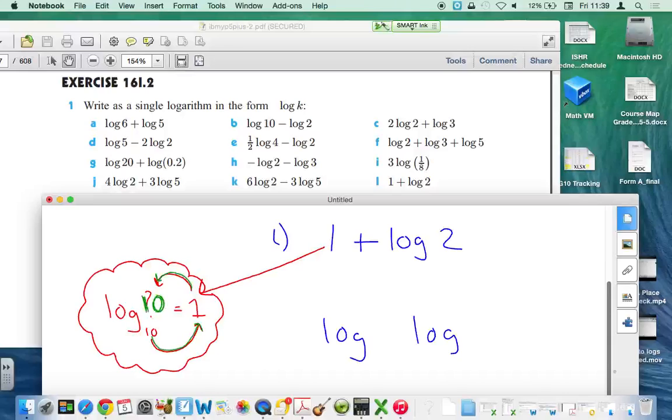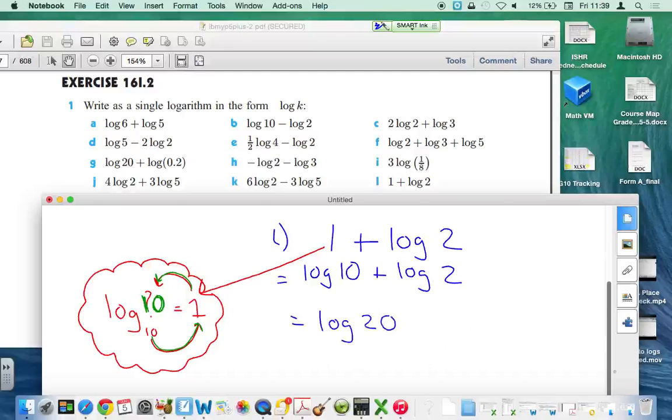So I can replace the 1 in this problem with log 10 plus log 2. So once I actually do that, you can see it becomes pretty simple to get the final answer. We just multiply. Now that's what I mean about learning small tricks. It's not obvious, really, how to do that one.